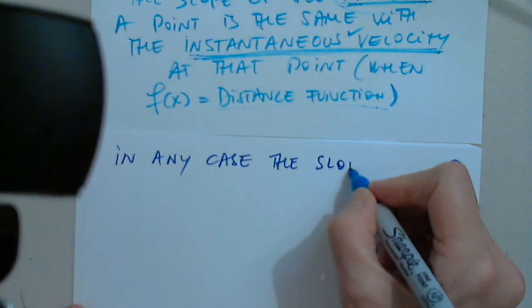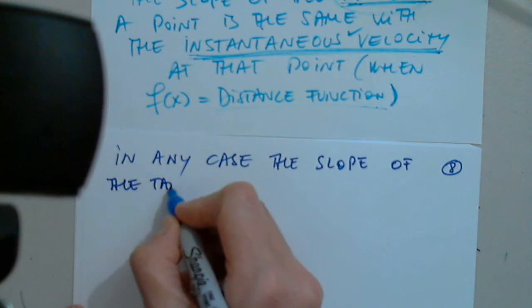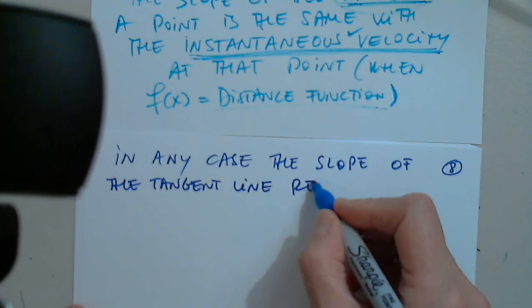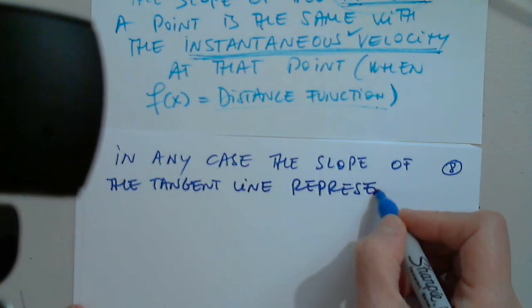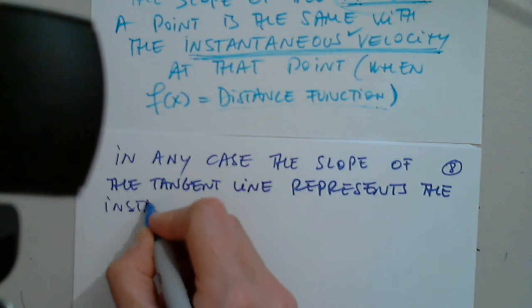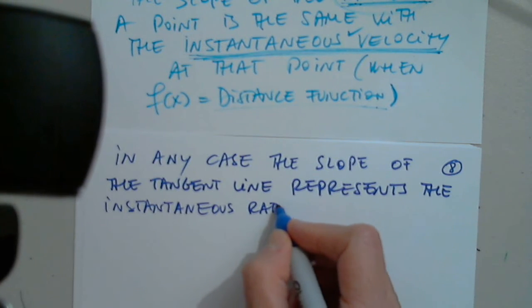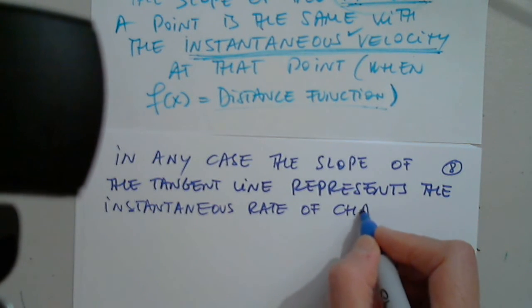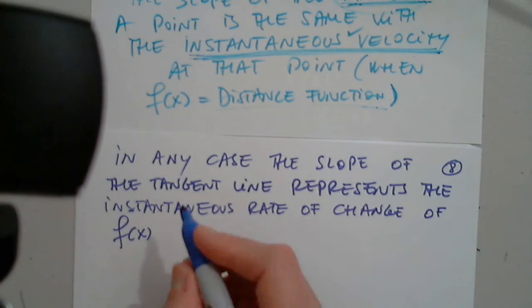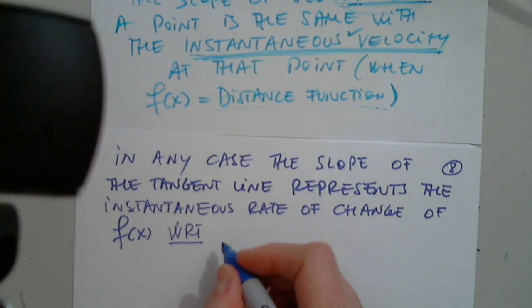The slope of the tangent line represents the instantaneous rate of change of f of x, with respect to x.